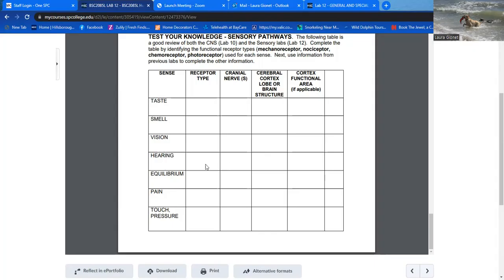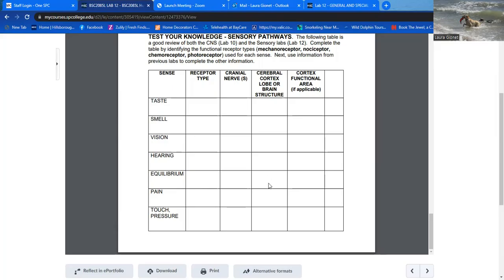Hearing: mechanoreceptor, cranial nerve vestibulocochlear, lobe is temporal, and the area is the auditory area. Equilibrium: mechanoreceptor, cranial nerve is the vestibulocochlear nerve, because it's the vestibular portion of it.